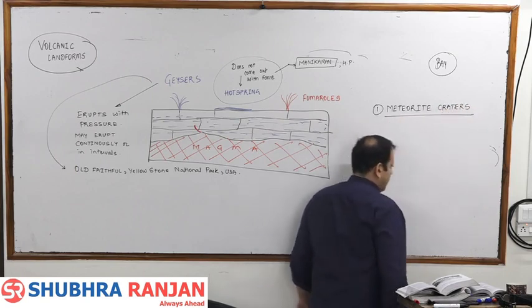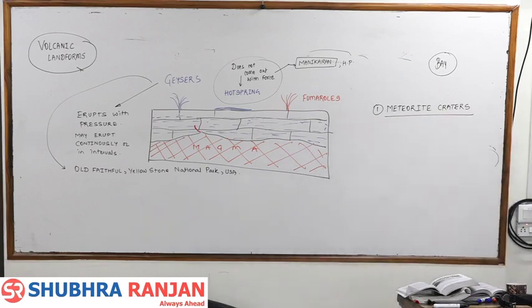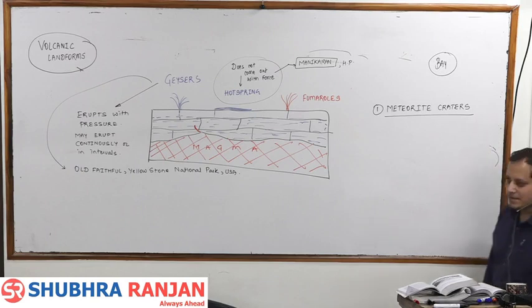Examples of the pseudo-volcanic features are meteorite craters. Is there any pseudo-volcanic feature in India? Which lake? Lonar Lake. These are the craters.